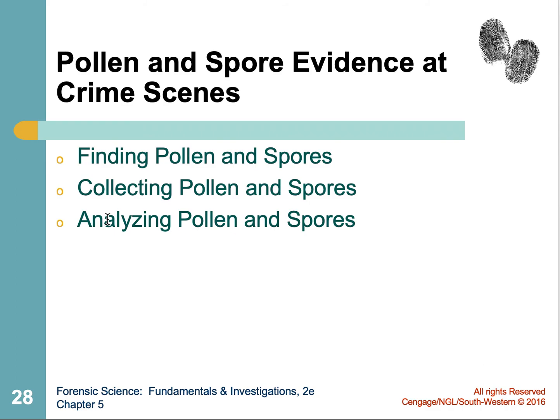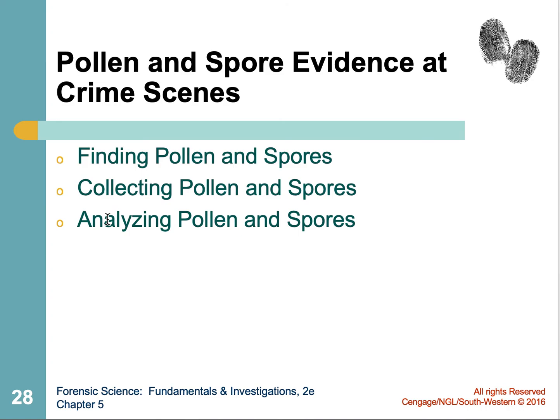So it's a longer process than you probably would imagine, but the reason for this is, once again, we're putting this into a court case, right? So you don't want to leave any reason for doubt that that pollen profile is specific to that area. So you want to make sure you hit all the right stops and do all the right things.